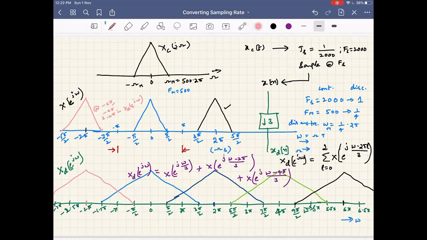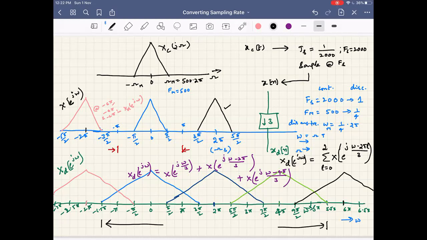So you can see like this, from here to here. These are all the spectra corresponding to the base spectrum that you have from minus pi by 2 to pi by 2, right?